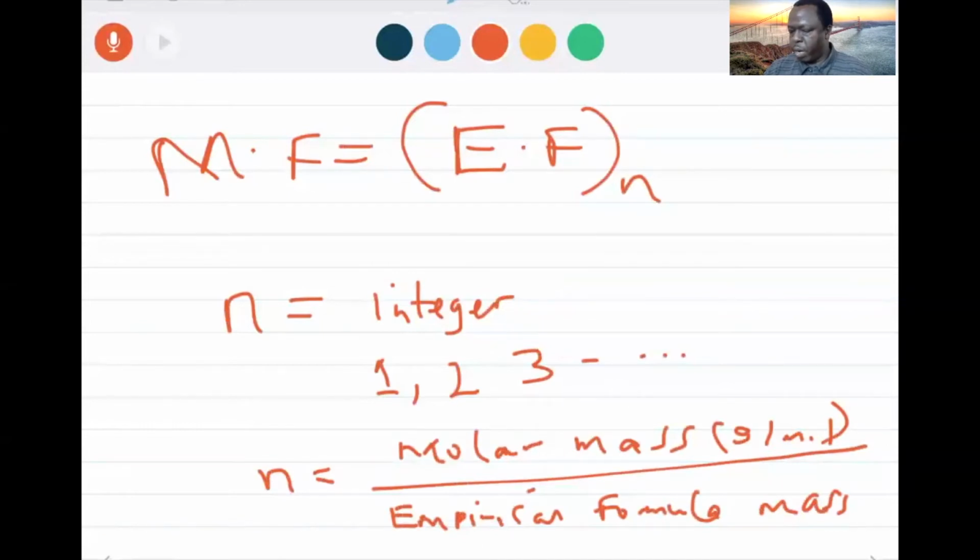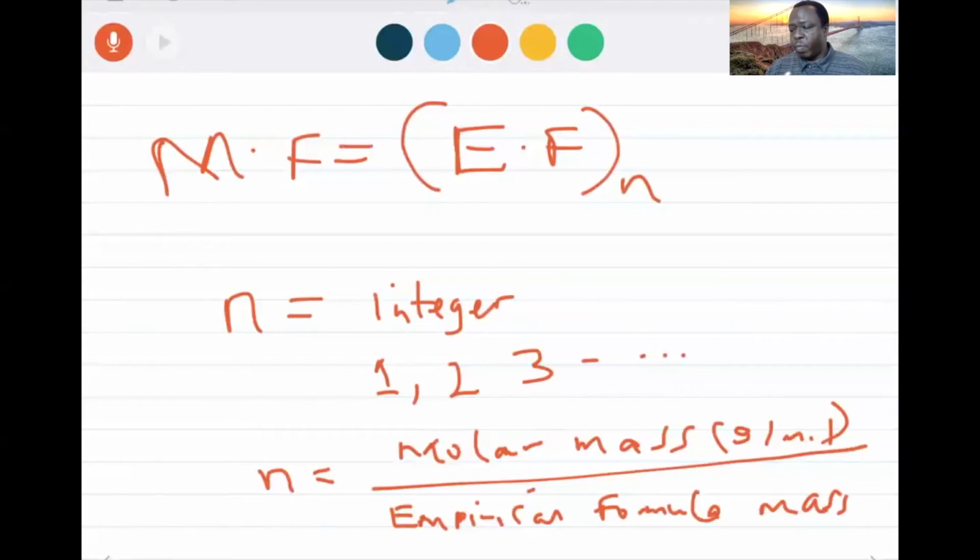This should give you a whole number, which you multiply by the empirical formula, in parentheses, and you end up with the molecular formula. We will not dive into determination of the molecular formula, but I just wanted to give you an idea of how the molecular formula is determined given the empirical formula.